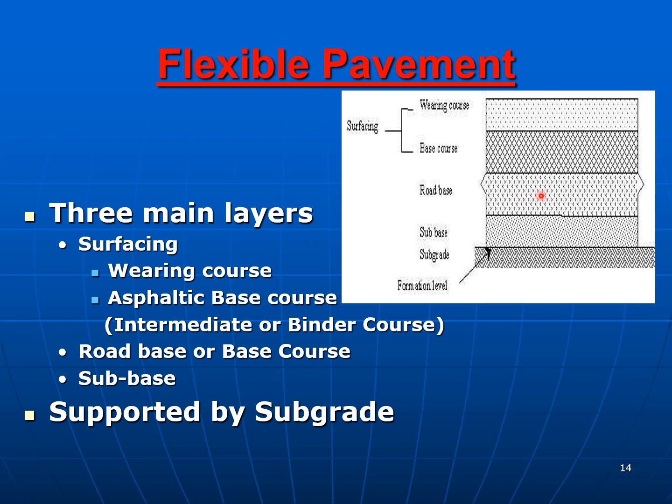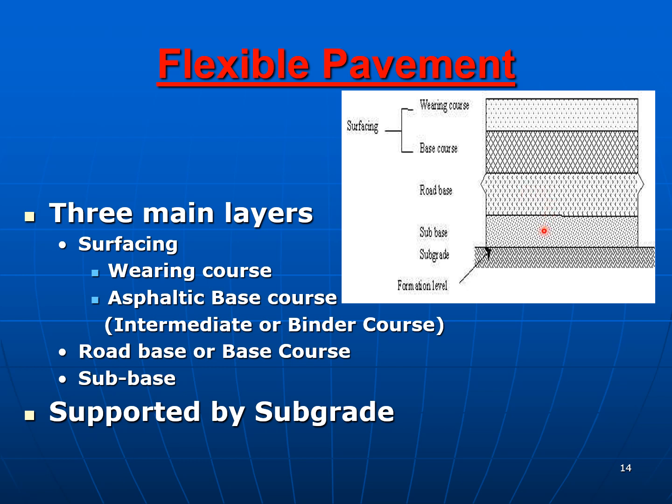So look at this cross section. You can see this is the surfacing, the topmost layer, that is the wearing course, usually made of asphalt concrete, and then just beneath that we have the asphaltic base course, and then under that we have the road base, or simply the base course.